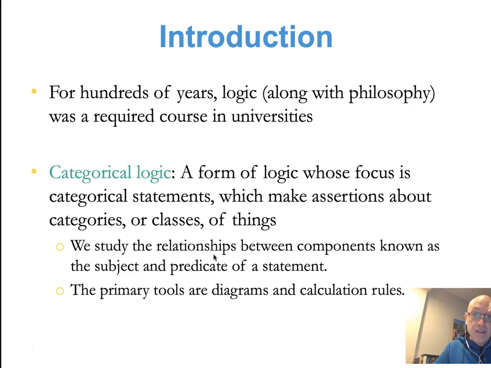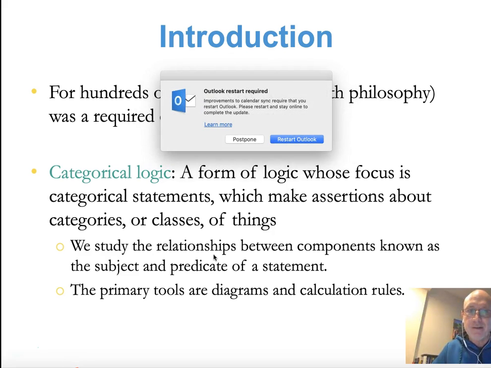We study the relationships between components known as the subject and predicate of a statement, and we use Venn diagrams and calculation rules, which we'll look at as we progress under this idea of categorical logic.